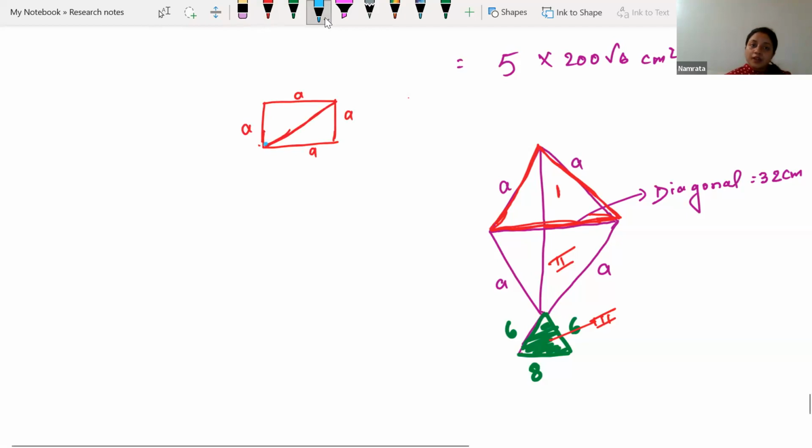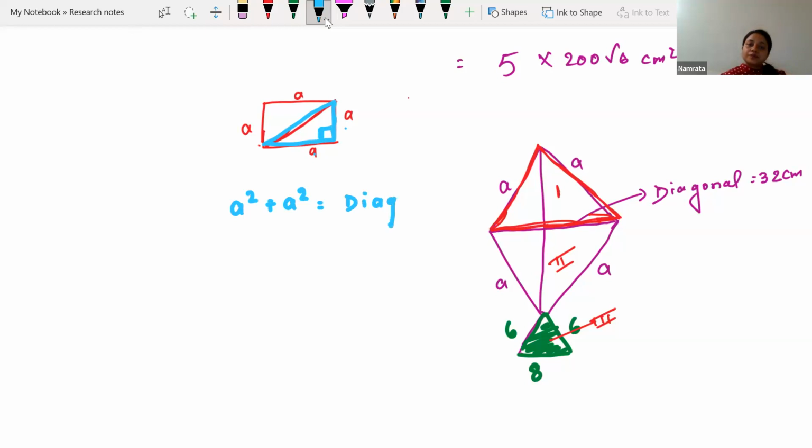There is a formula for diagonal also, but let me show you from where the formula came. So here we can see a right angle triangle where two sides are A and A, and obviously it's a square, so here 90 degrees is there. Okay, so by Pythagoras theorem, diagonal came out. What the Pythagoras theorem says, that A square plus A square will be equals to diagonal square.